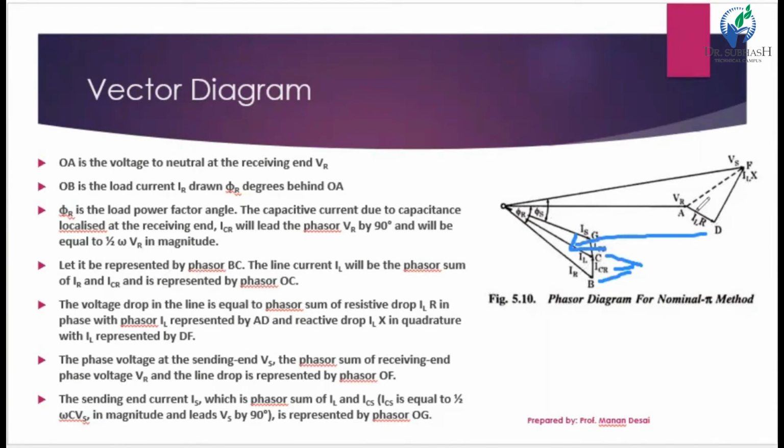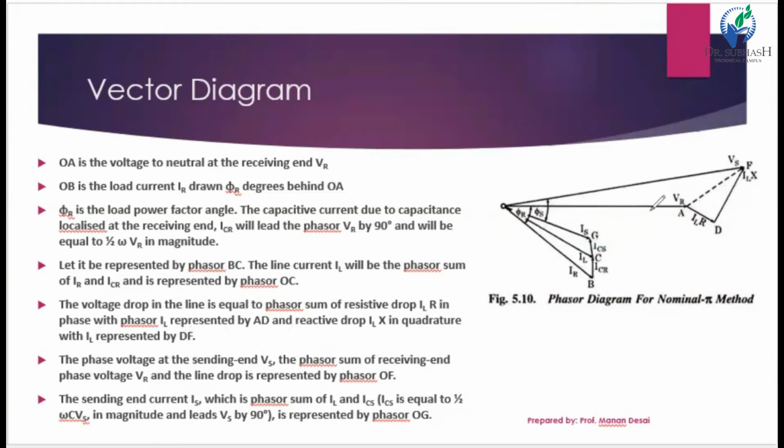So ILR means phasor AD. Phasor AD represents ILR, a voltage drop, and phasor DF represents the reactive drop ILX. The phasor voltage at the sending end, VS, is the phasor sum of the receiving end VR plus ILR plus ILX.